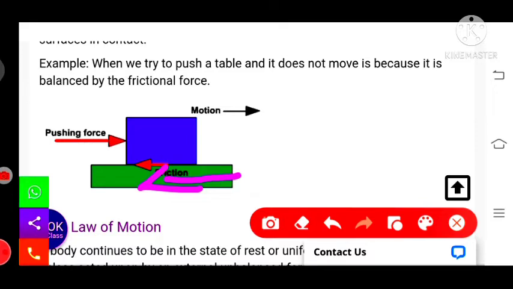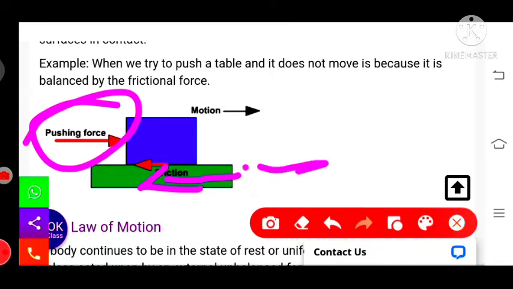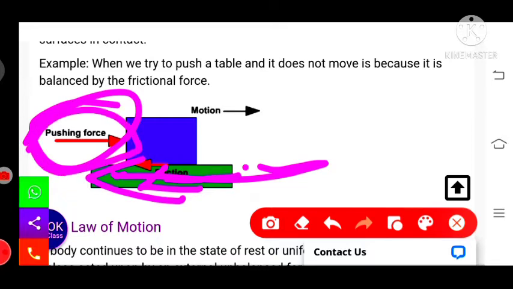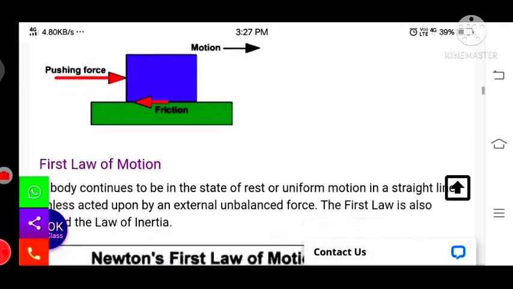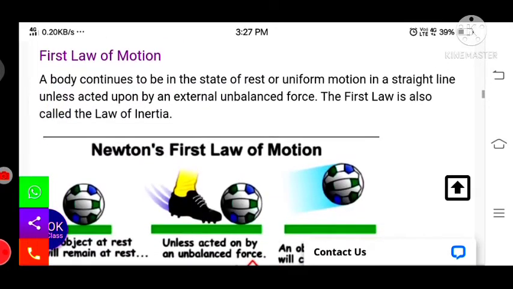The frictional force applies in the opposite direction of the applied force. But the frictional force is less than the pushing force, so the motion of the object is in the direction of the pushing force.